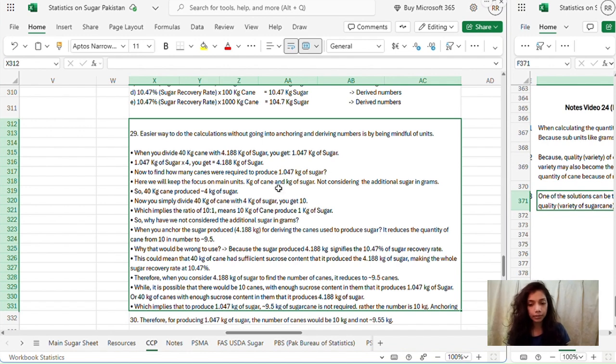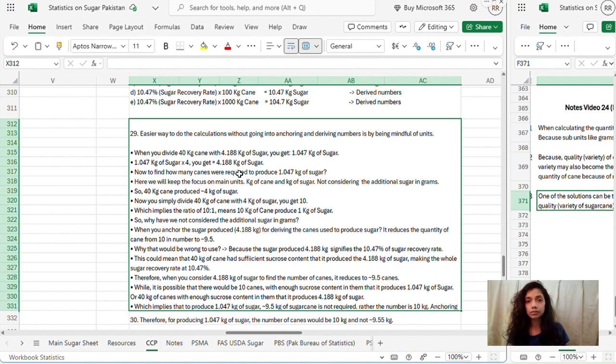Now we are not getting into the 188 grams of sugar, because we have to calculate for 1 kg of sugar how many canes are required. It is possible that 10 kg of cane is producing 4 kg of sugar, and the same 10 kg of cane is producing 4 kg and 188 grams of sugar. So how is this possible?